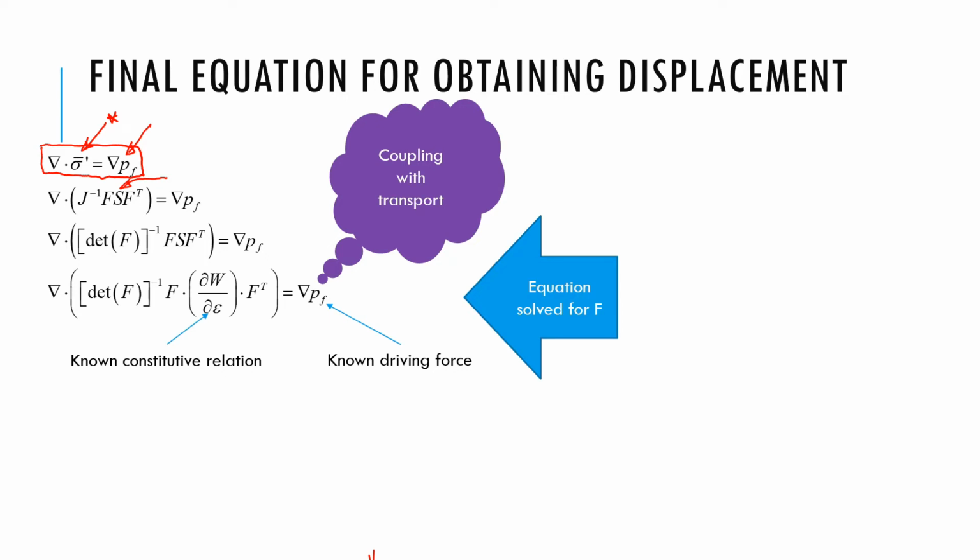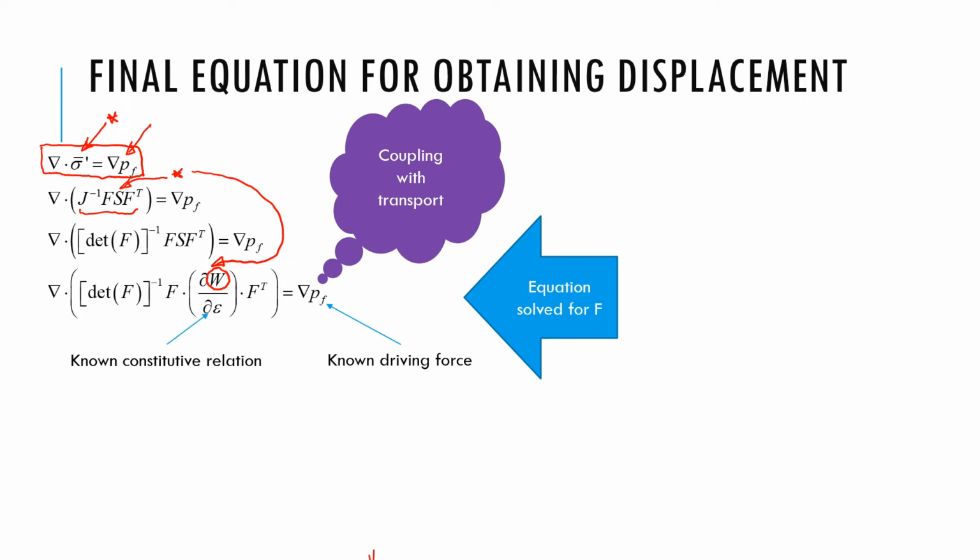The stress is transformed, so this is just a transformation, and then this particular stress is related to strain for the particular material, and the material aspect comes from the strain energy function given by W. That's for that material.